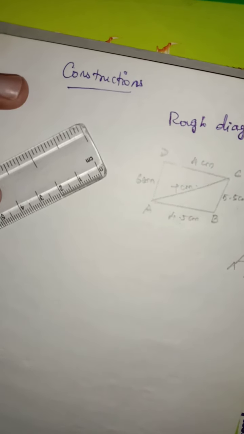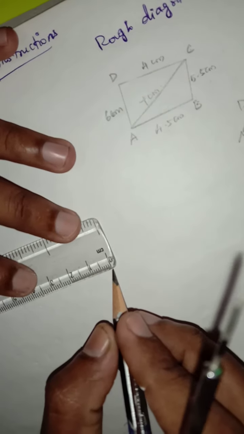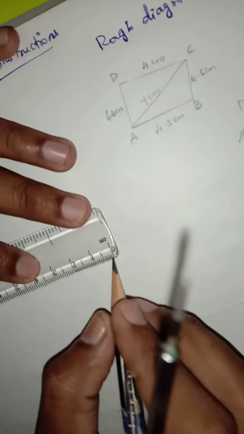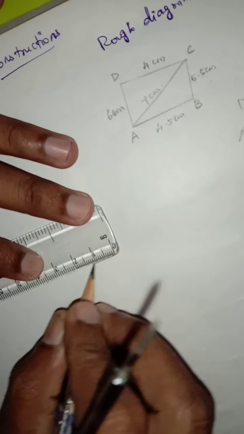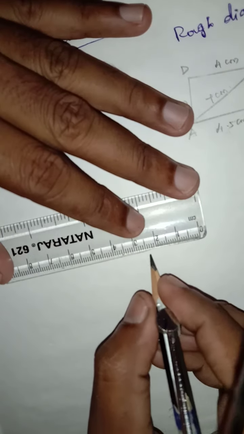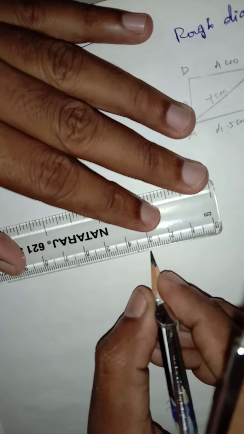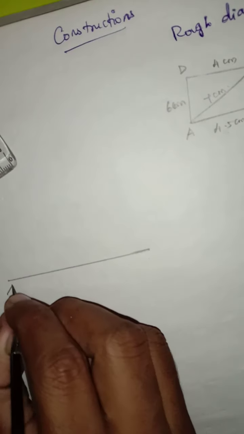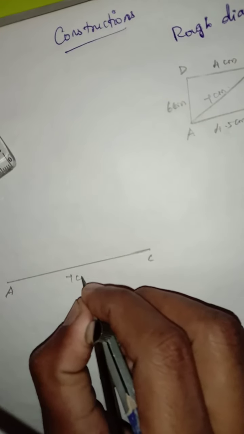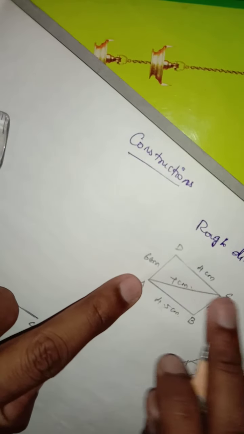As I told you earlier, I am taking AC as the base. AC is 7 centimeters, from 0 to 7. Always don't forget to name it. AC is 7 centimeters. So I drew this AC.